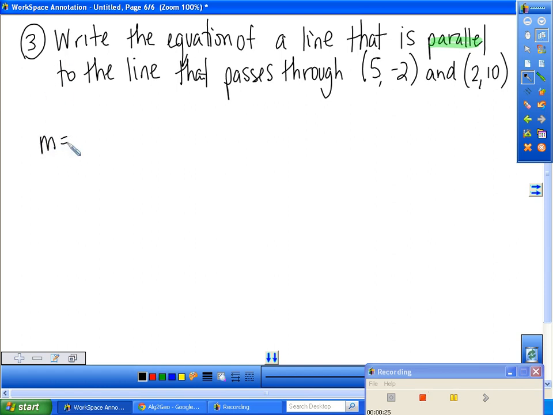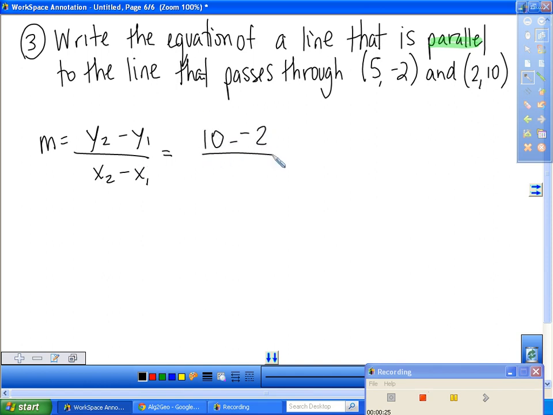I know that slope can be found when we have 2 ordered pairs using y2 minus y1 over x2 minus x1. And here I have my x's and y's, so I can substitute this information in. I have 10 minus -2 over 2 minus 5.